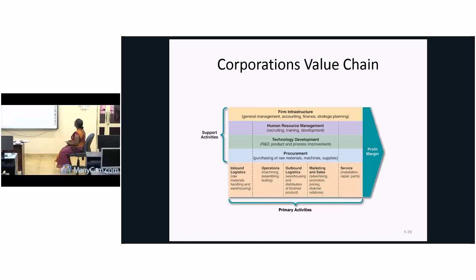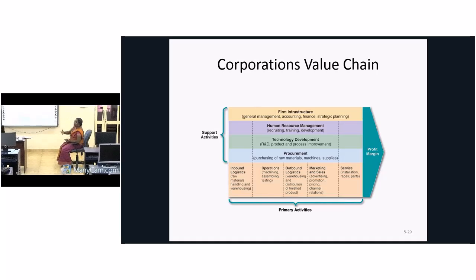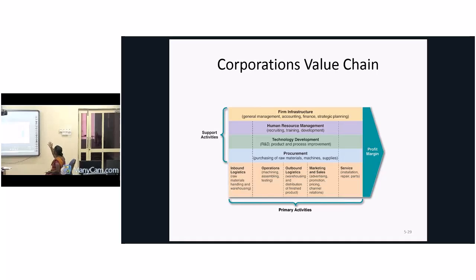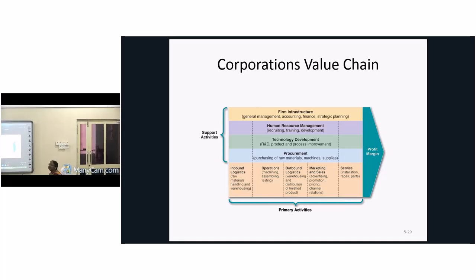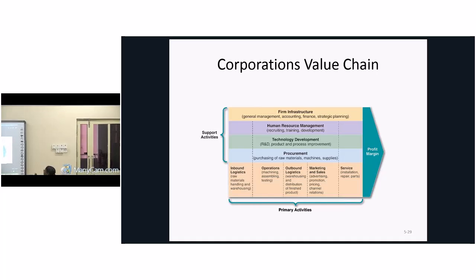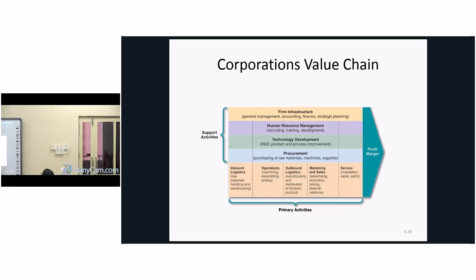Here, infrastructure is the prime necessary thing for a company to be established. Then human resources, technology and procurements. Those are common to every primary activity.